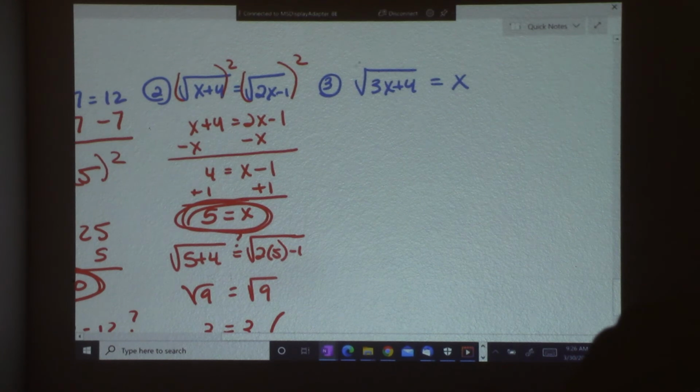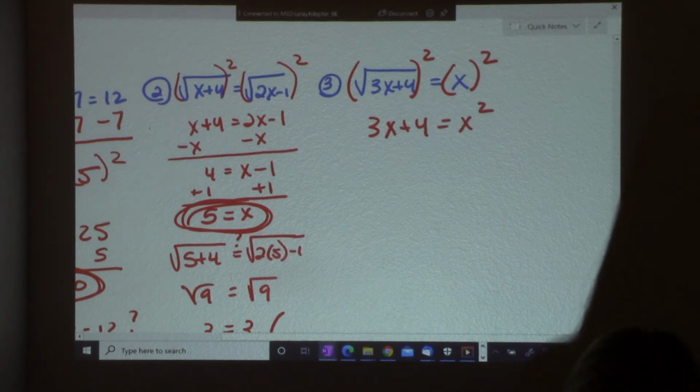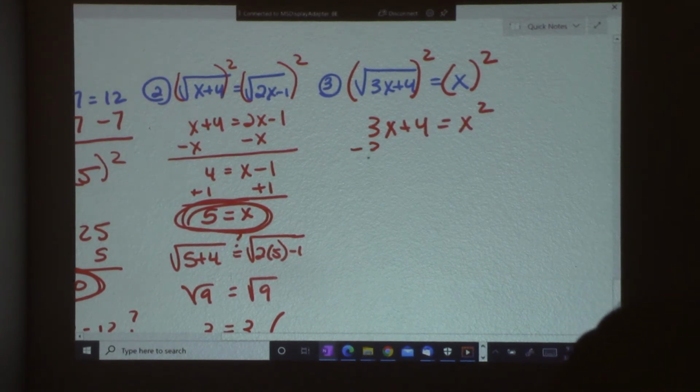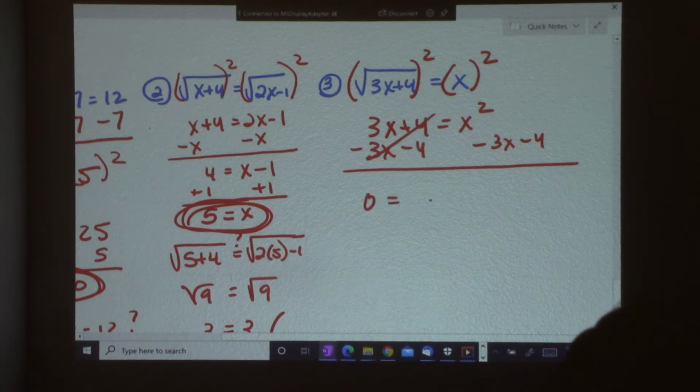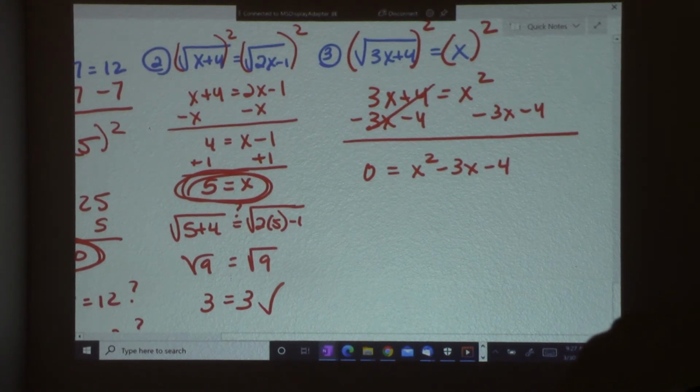Now we're going to do the same thing and square both sides. So I get 3x plus 4 equals x squared. And I'm going to move 3x and 4 over to the other side. These all cancel. So now I have 0 equals x squared minus 3x minus 4. And I'm going to make a magic x and factor. I've got negative 1 and 4, 1 and negative 4, 2 and negative 2.